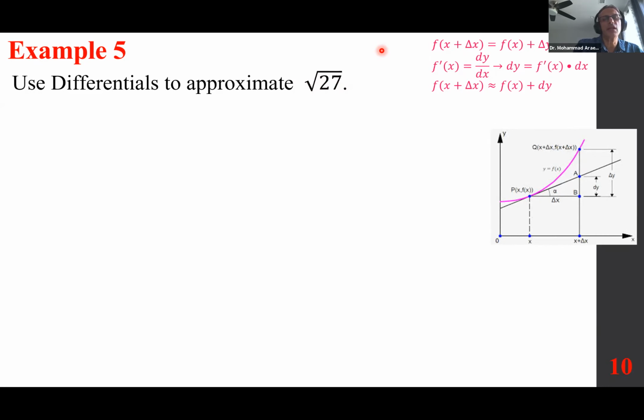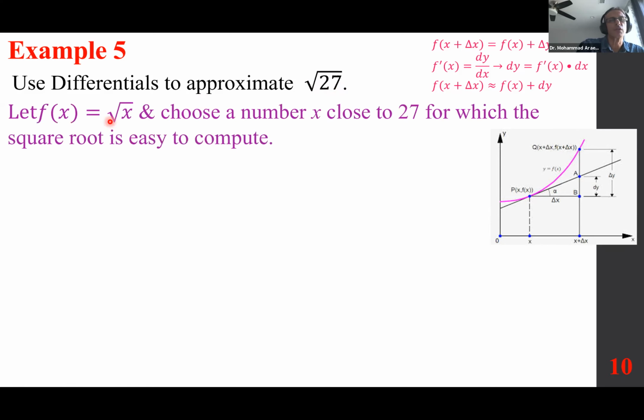What number can you take a square root of easily, which is close to number 27? Closest number. 25. 25, and that is 5. So the number you are going to use is 25, which means from 25 to 27, delta x or dx is positive 2.